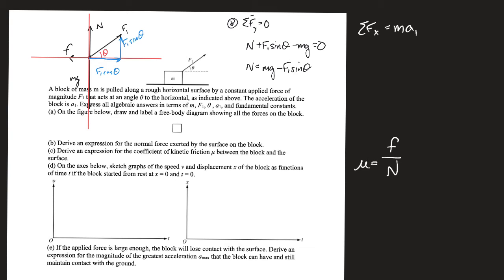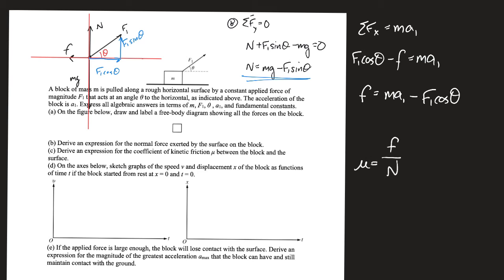The fact that I got the normal force last time kind of hinted to me that I'm probably going to need to get the frictional force this time. There's F1 cosine theta, and there's friction, and they have to equal ma1. So the frictional force is ma1 minus F1 cosine theta. Skipping some algebra steps, but I think I'm okay to do that.